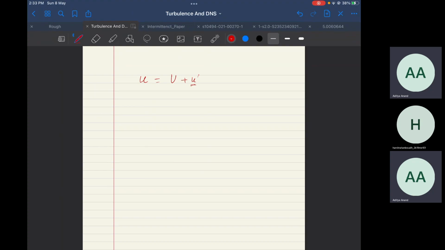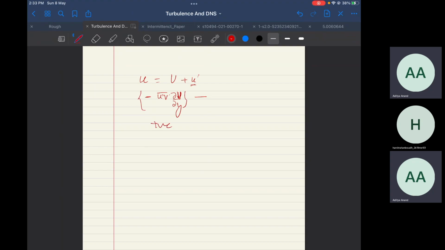If you do so, you'll see that there is a production term, which is minus uv, the correlation of minus uv, times del U by del y. This is capital U. So this entire term is positive.